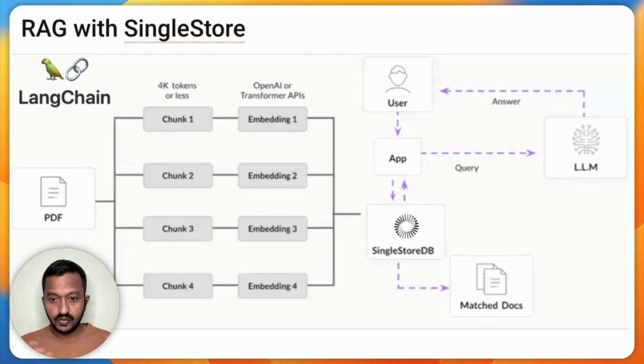And then when a user query comes in, even that gets converted into a vector embedding, and it goes through the vector database to find the relevant chunks or matching documents. And at the end, it goes through the LLM model to finally respond back to the user. So we have a simple use case here, and I'm going to show that through a simple tutorial, right? So let's see how this works using a tutorial. Let's move to the tutorial part.